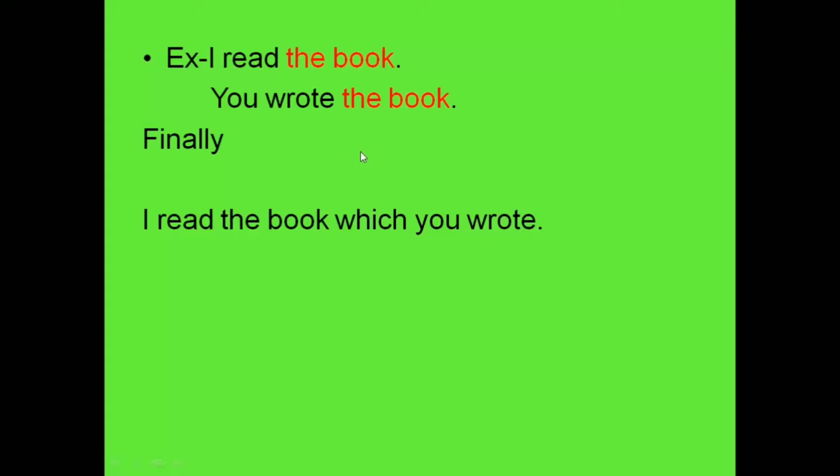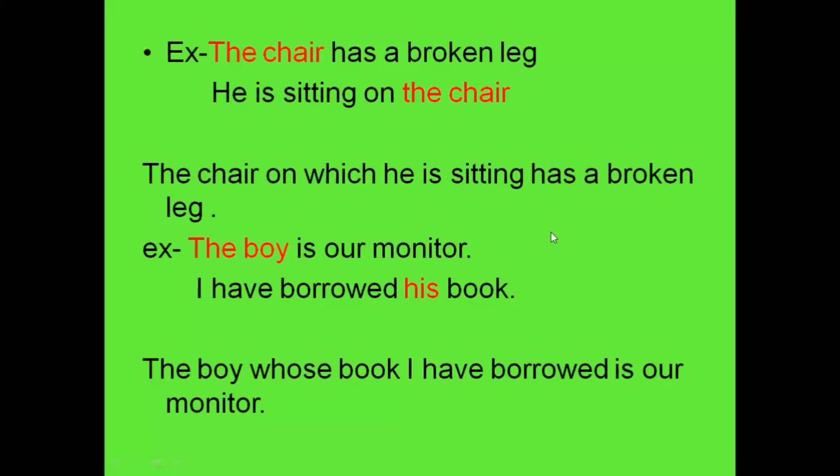Then move the relative pronoun which or that to the beginning of the sentence. It becomes which you wrote. This is the relative clause. Finally, place the relative clause after its antecedent. I read the book which you wrote. In this way, we can take so many examples.